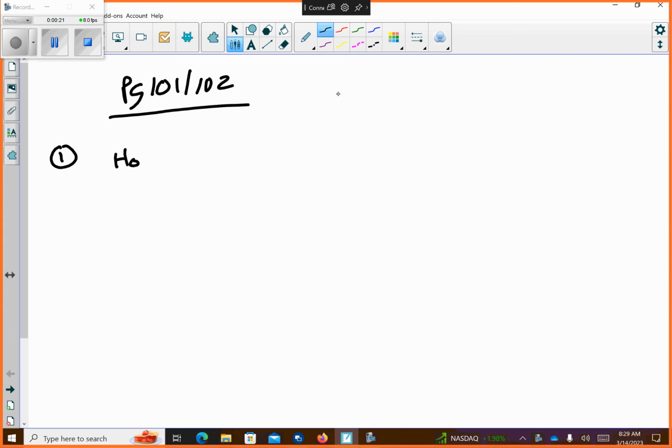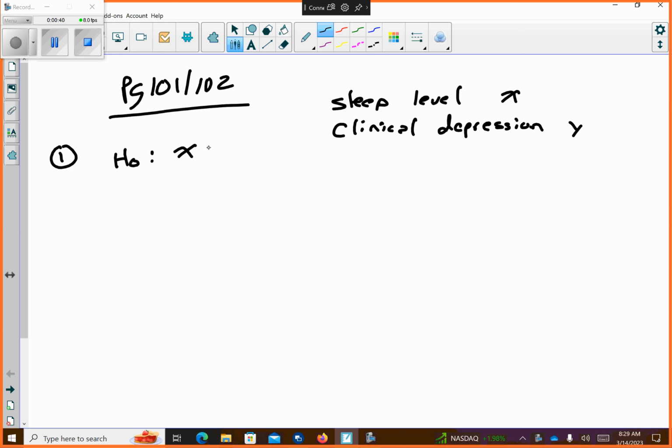Let's call sleep level X, and clinical depression Y. And so H naught is that there is not a correlation between the two. How do you like that for the null hypothesis? Makes it a lot shorter.